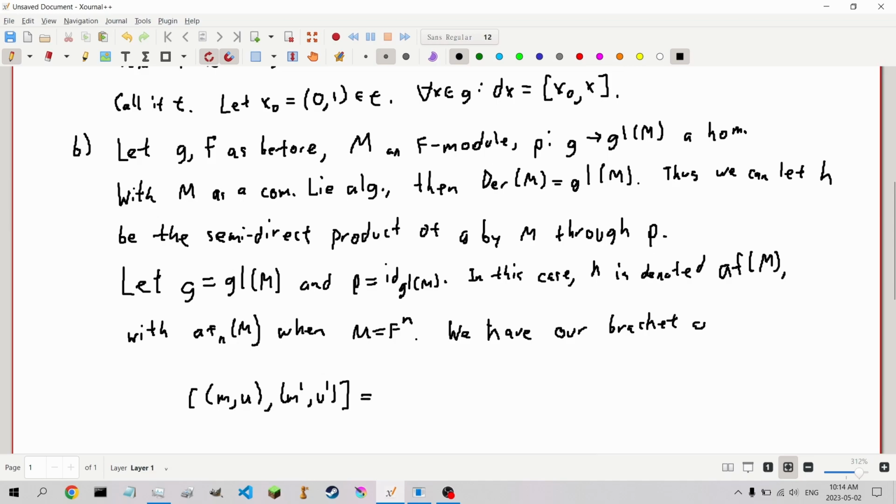Now keep in mind the formula for the Lie bracket is going to be the bracket of m by m prime, but since M is a Lie algebra through the commutative bracket, that's just going to be 0, that's going to cancel out. And so we're left with u of m prime minus u prime of m with the standard bracket of derivations of the general linear Lie group.